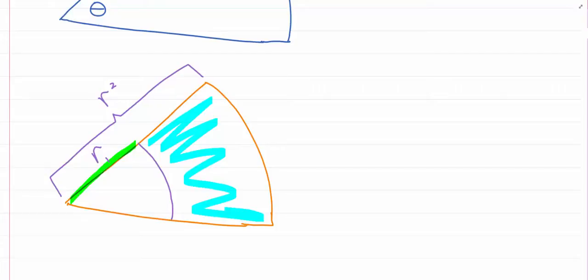So it's not a complete sector. Let's call this delta theta. Let's just say we start here with an angle, and then we rotate up, and we'll call that angle in there delta theta. That's R2. Sorry about that. Okay, so here's R2.